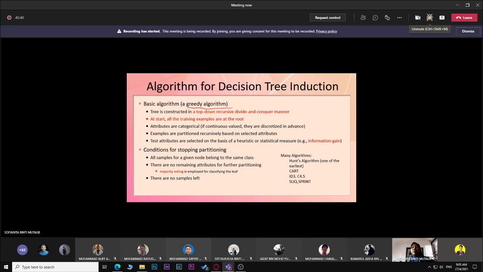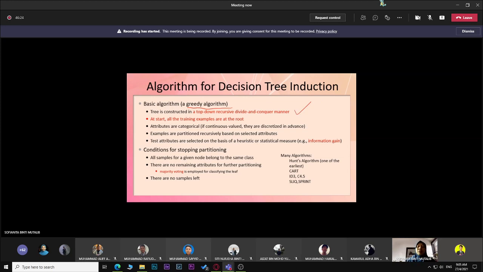What is the meaning of divide and conquer? In the context of classification, it means it tries to divide the data set so that the records belong to the same class label for one particular branch. At the end you achieve the outcome or the target, whether it belongs to class A or class B. So this is the meaning of divide and conquer in the context of classification.